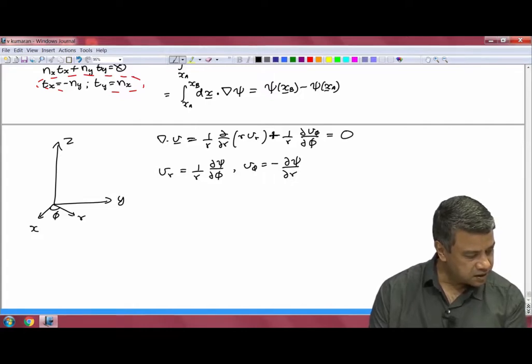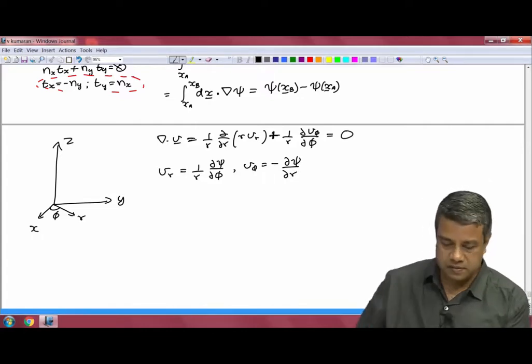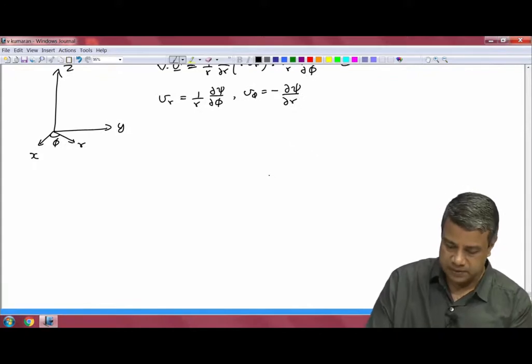And similarly, you can do this for an axisymmetric spherical coordinate system.